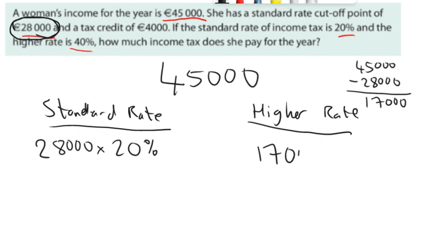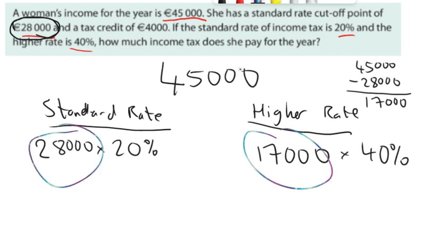So it's 17,000 multiplied by 40%, because that's the rest of it. So this figure and this figure should always add up to give you that. Some of the money you earn is paid at the standard rate, some of it is paid at the higher rate.